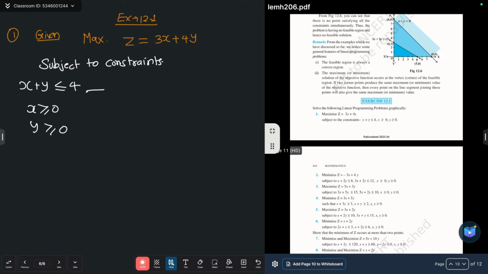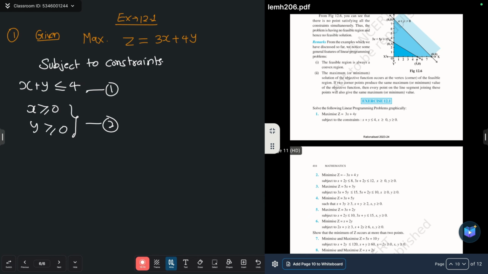First constraint, we can say this is second constraint. So second constraint is called non-negative constraint.